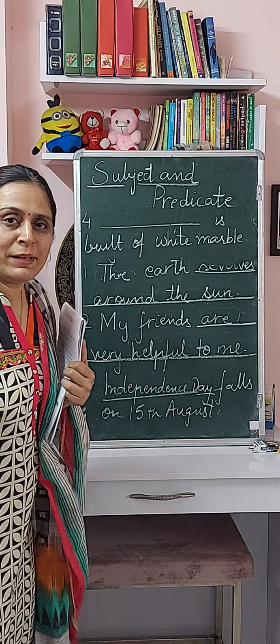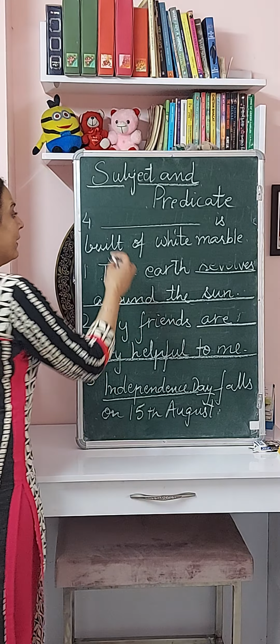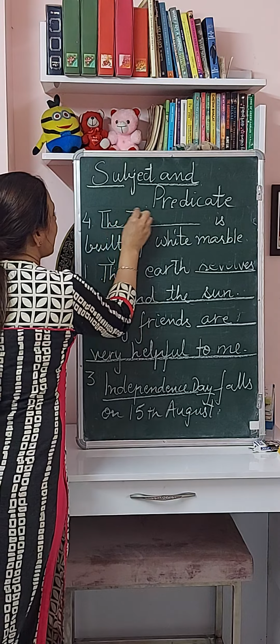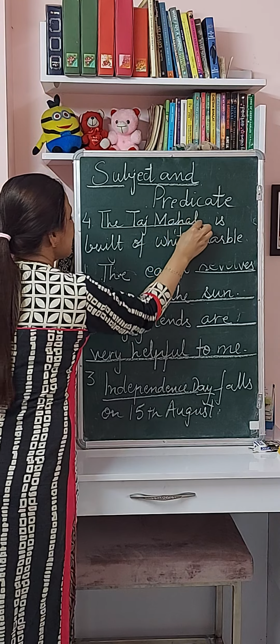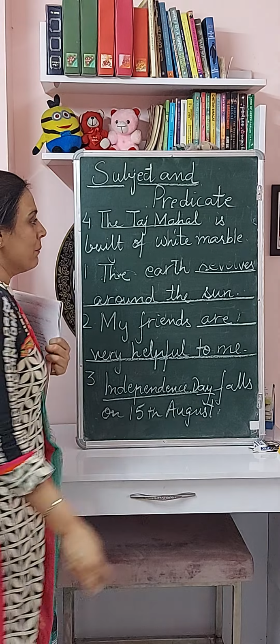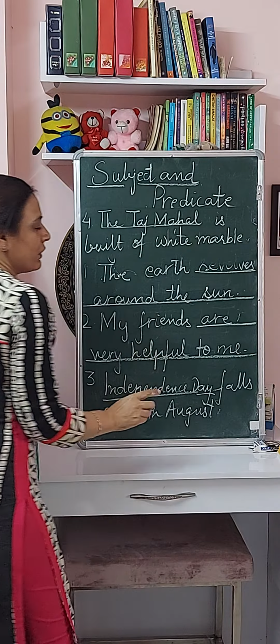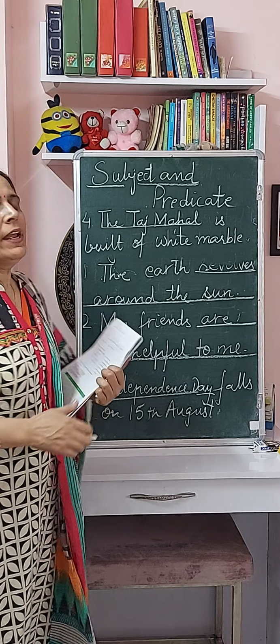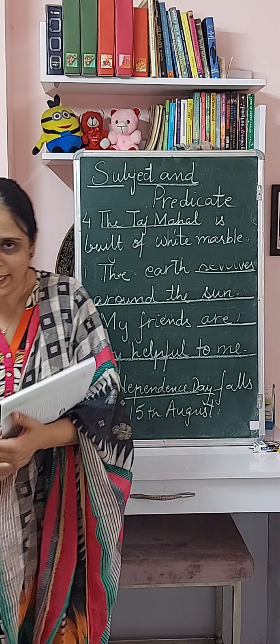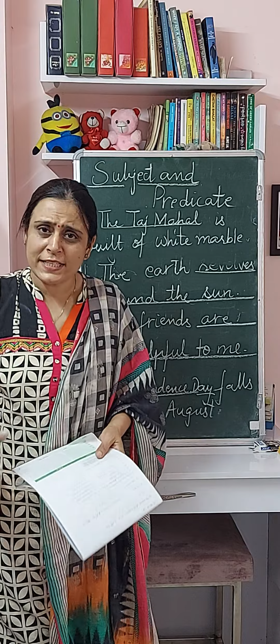What is built of white marble? The Taj Mahal, isn't it? The Taj Mahal is built of white marble. So the predicate was given to us and we have filled in the subject. So this is the way you have to do it in your exams. Alright, it will be very simple.